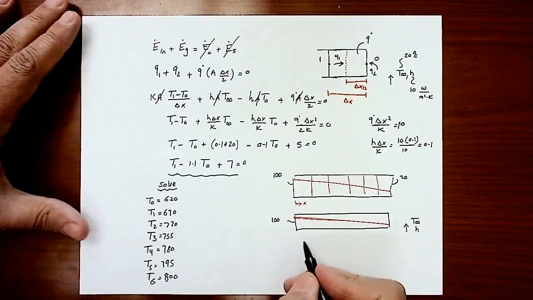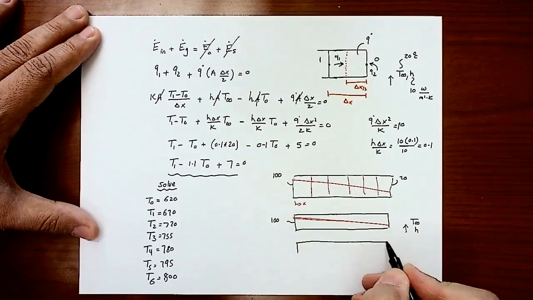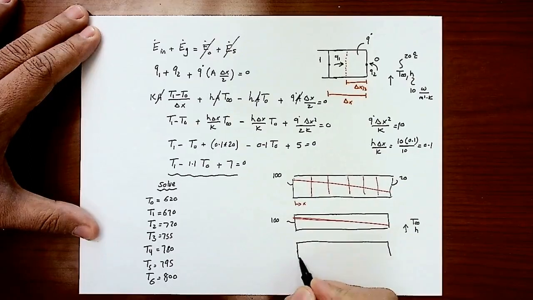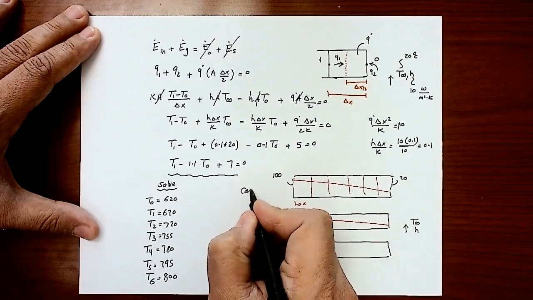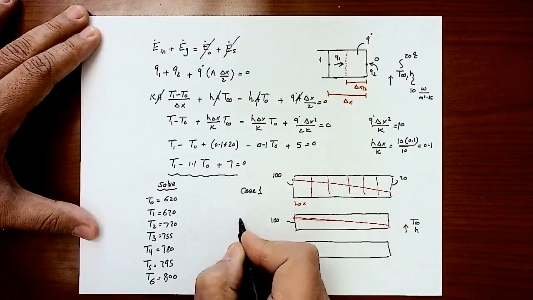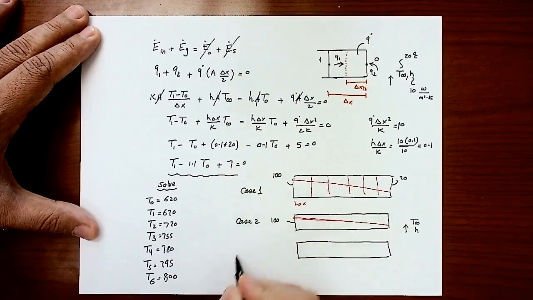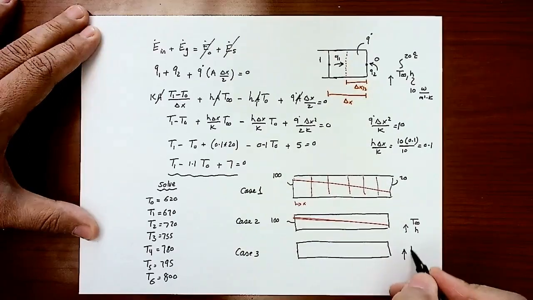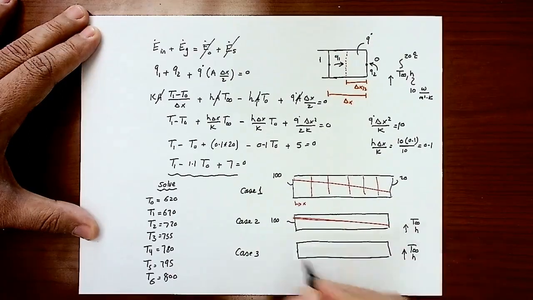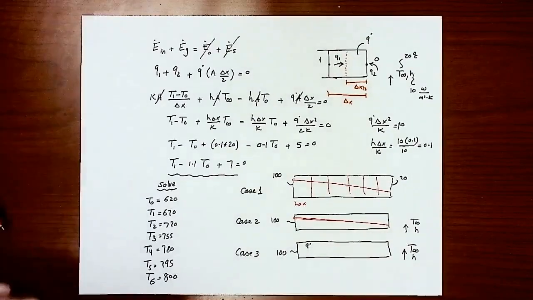And in case 3, we added heat generation to that bar. This was the first example that we did, this was example 2, and this was example 3. It's exposed to convection at one end. We kept that 100 degrees, but we added heat generation into this body.